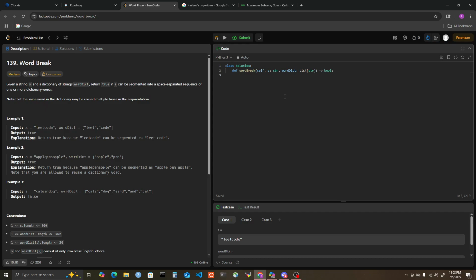So my choices are, I have two choices. I take a letter and I add it, so I continue creating a word, and then if I have a word that matches inside the dictionary, I can take it or I can keep taking a letter and adding it.